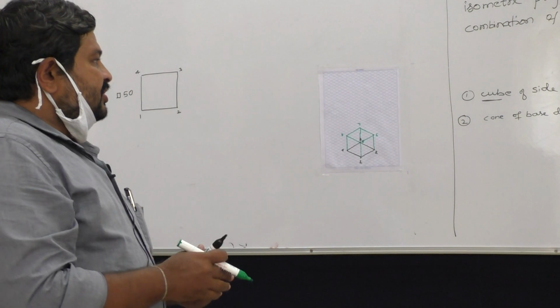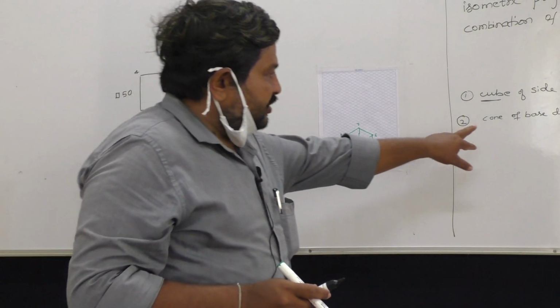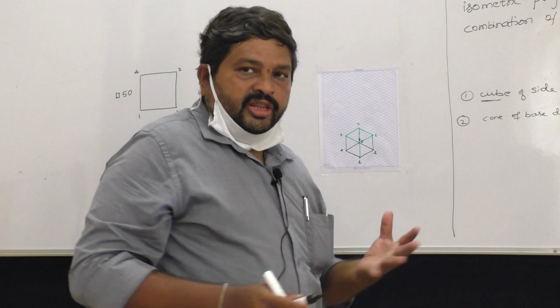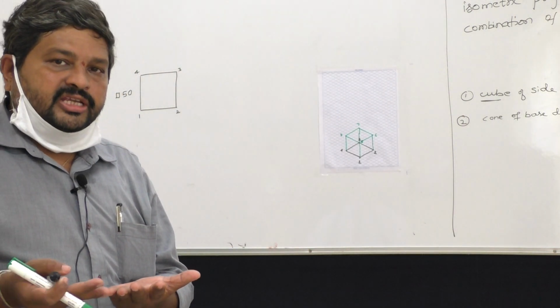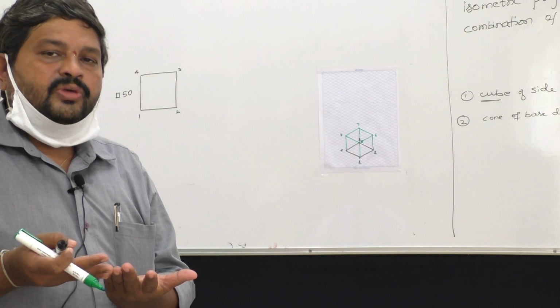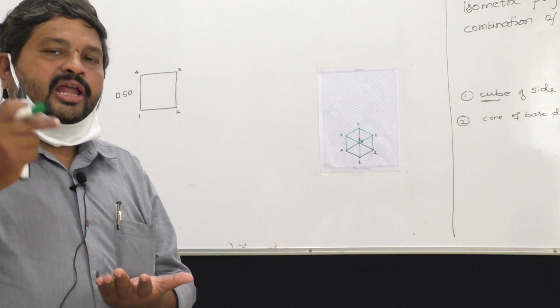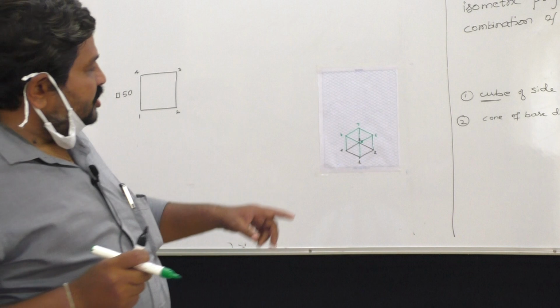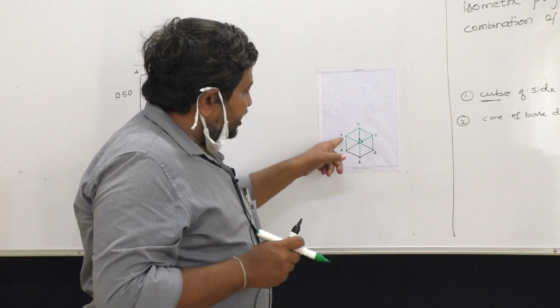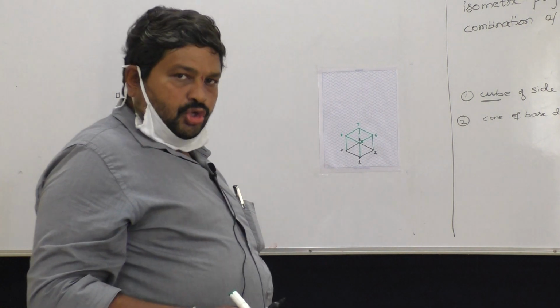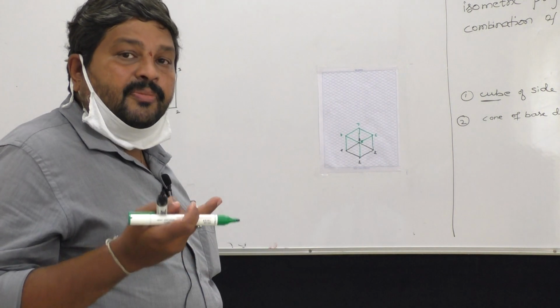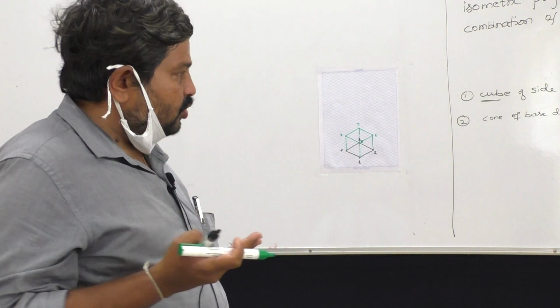Clear? So as I told, whenever we have a circular base and it is tilted through an angle, it appears as an ellipse. So that's why I have to construct the ellipse on the top face of the cube. That will become the base of the cone.